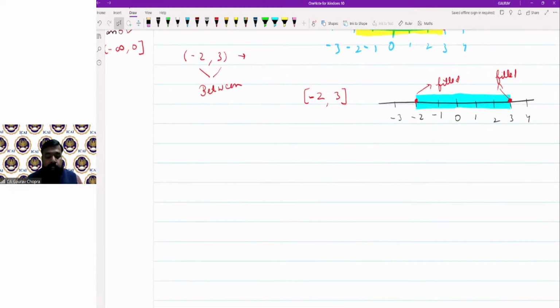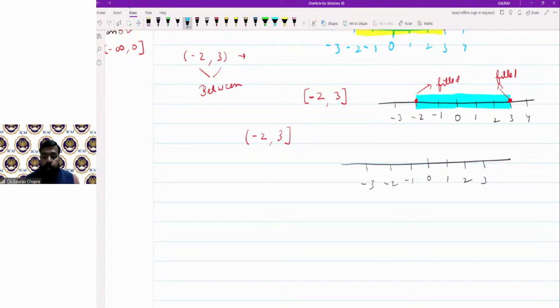Now, sometimes you can see from -2 there is open bracket and towards 3 there is closed bracket. Now, what does this mean? It means -2 is not included, is not inclusive, but 3 is inclusive. So 0, 1, 2, 3, -1, -2, -3.